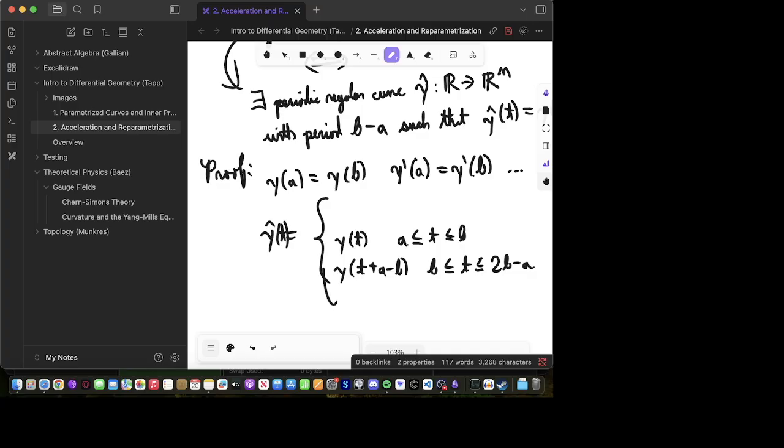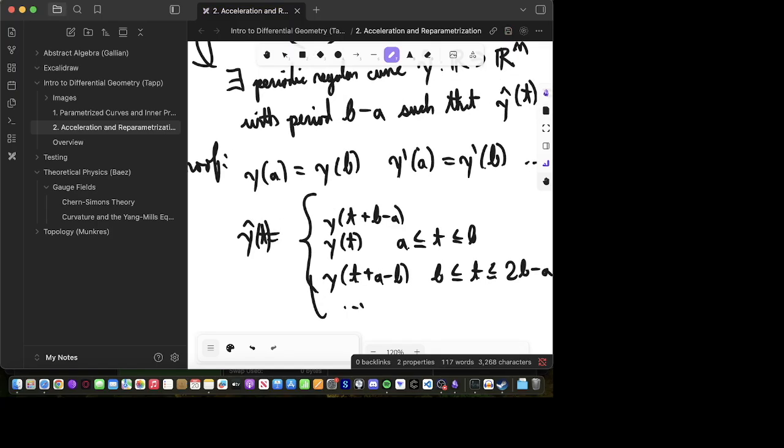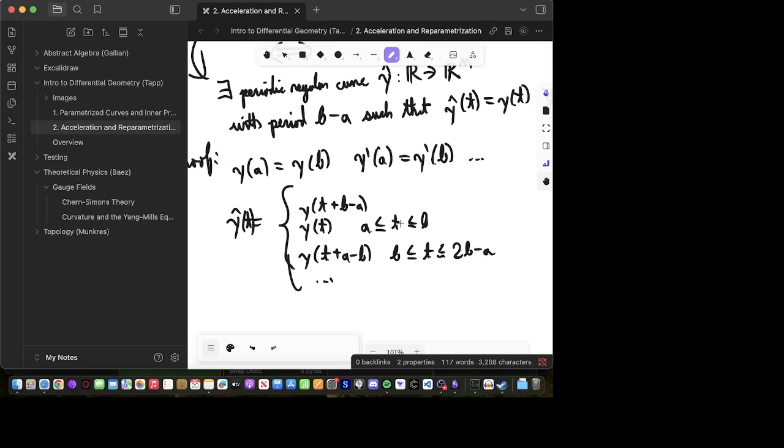Yes, that works. And so on. And we also have gamma of t plus B minus A if A is greater than or equal to t, which is greater than or equal to 2A minus B, and so on.